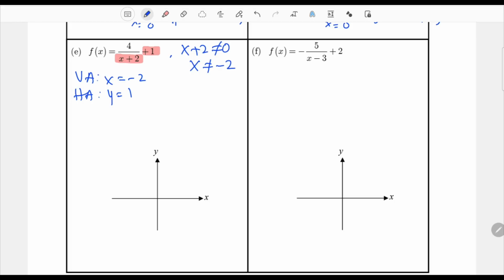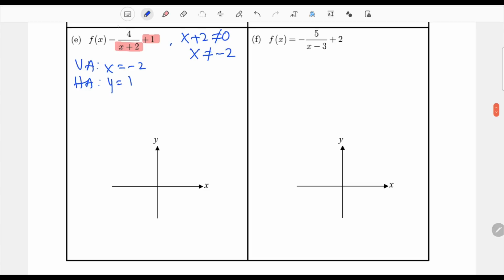Right? So then you look at the x positive. Okay, f(x) also positive. So find your negative 2. So this is x equals negative 2, y equals 1. Okay. So when x is 0, we get f(x) to be 4 over 2 plus 1.